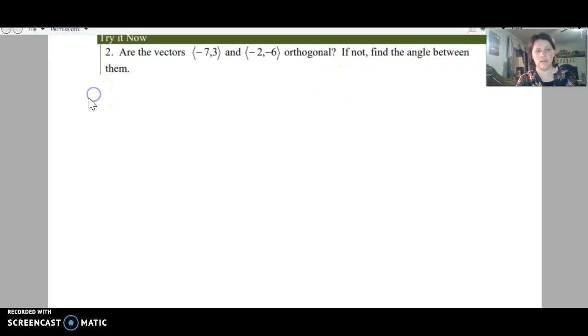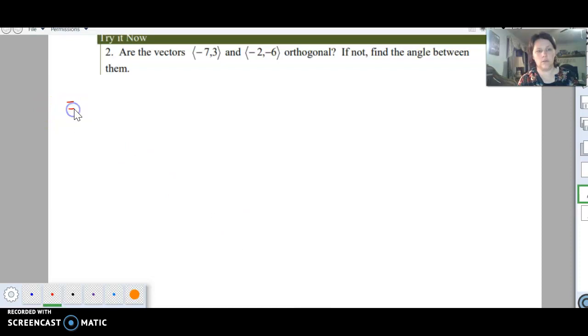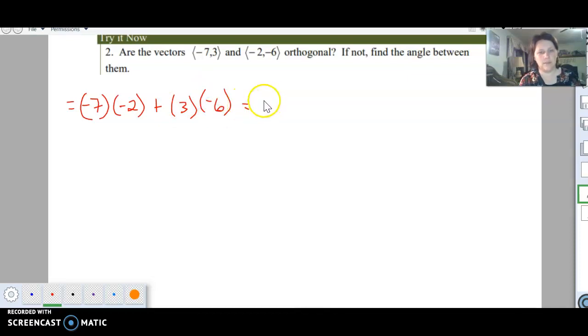So the dot product is equal to -7 times -2 plus 3 times -6. Okay, and that's going to be equal to 14 plus -18, so equal to -4.